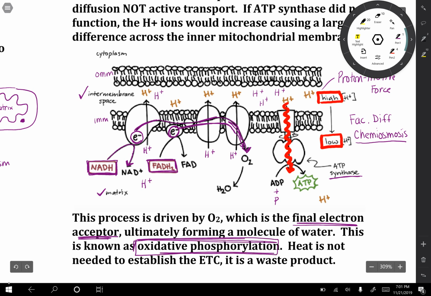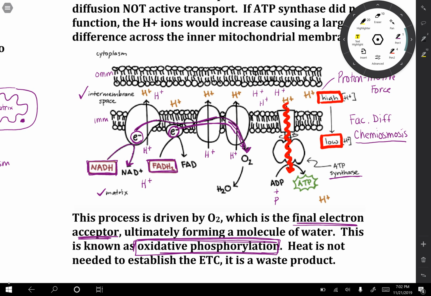Now, the oxygen does not get involved in actually phosphorylating. It's not needed to actually put the ADP and the phosphate together. But without the oxygen, the electron is not driven. And without the electron being driven, you don't pump the hydrogens. You don't pump the hydrogens, you don't generate the ATP. So that's why this is called oxidative phosphorylation.